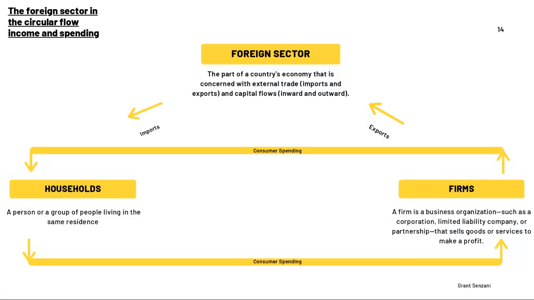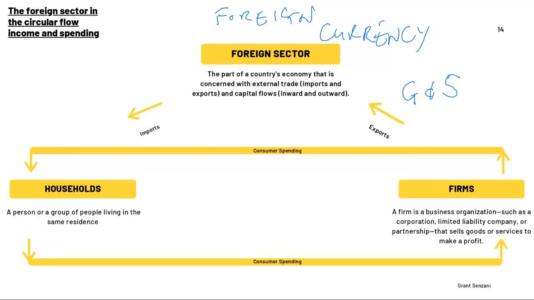How does this look in our circular flow of income and spending? Well, firms create goods and services that are bought by other countries, using foreign currency. And then households may also import goods and services from the foreign sector and use those as well.